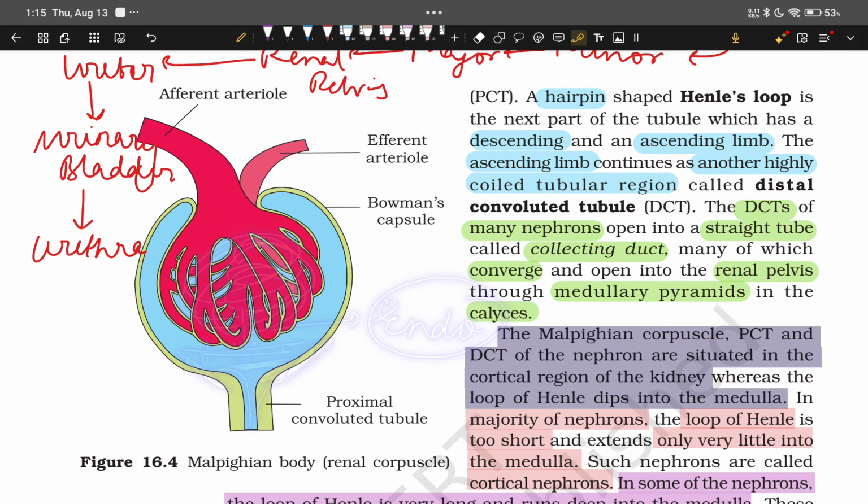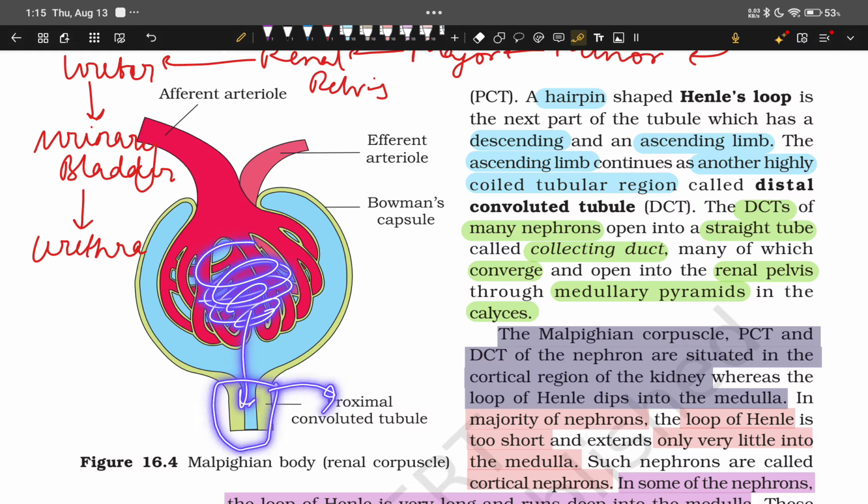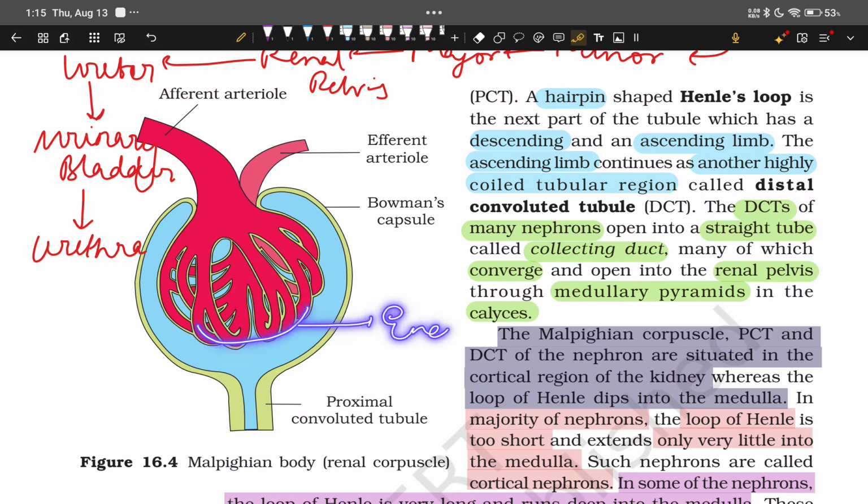I'm sorry. So let me actually explain it again. Basically, there are three layers through which the blood is going to pass from the glomerulus into finally the lumen of Bowman's capsule. So first of all, it's going to pass through the endothelium, then through the basement membrane of this endothelium of the glomerular blood vessel, then through the basement membrane of the Bowman capsule epithelium, then through the Bowman capsule epithelium.